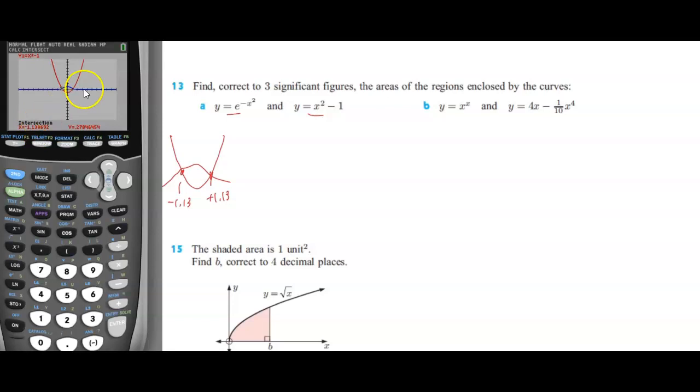If we want to find the area in between the two, there's a couple ways to do that. One is we could make a new function, which would be e to the negative x squared minus this one. We could do that by doing y1 minus y2.